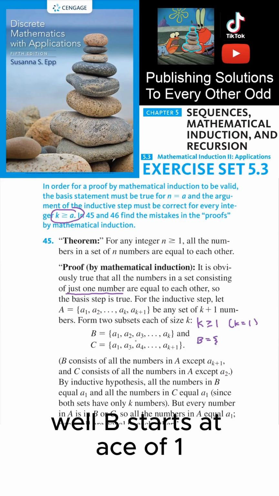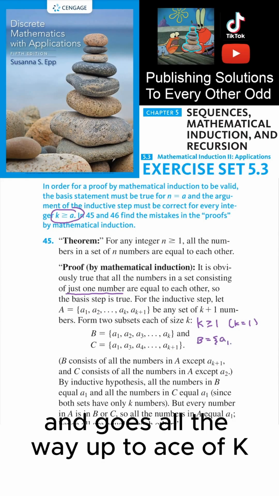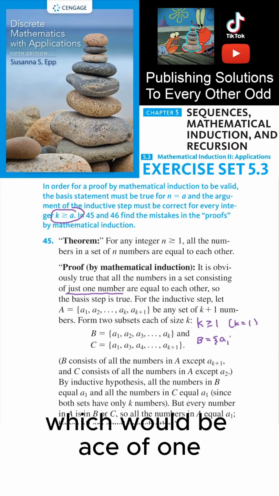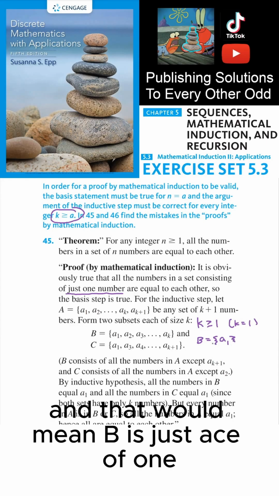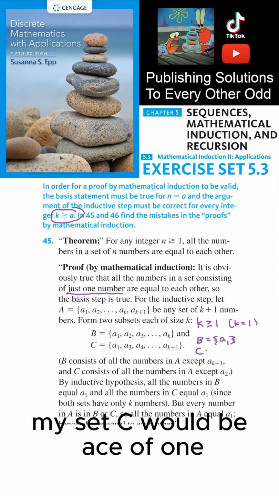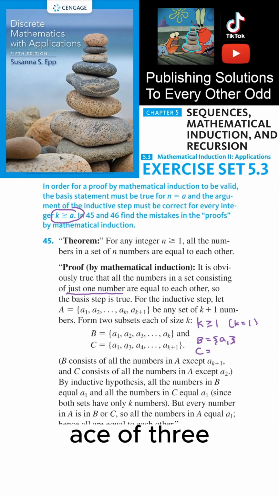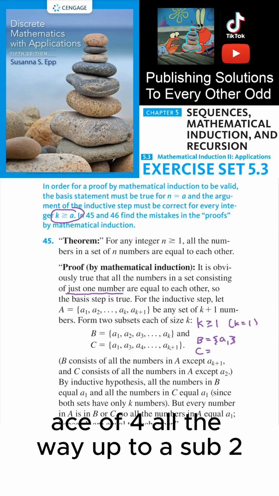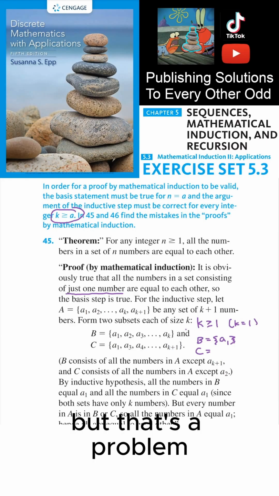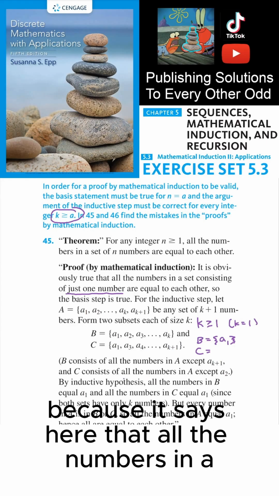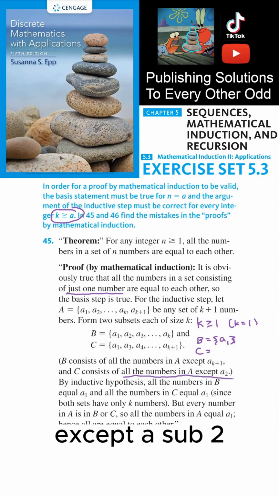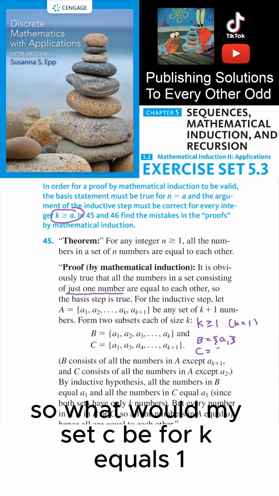Well, B starts at a sub 1 and goes all the way up to a sub k, which would be a sub 1. And that would mean B is just a sub 1. My set C would be a sub 1, a sub 3, a sub 4, all the way up to a sub 2. But that's a problem because it says here that all the numbers in A except a sub 2. So what would my set C be for k equals 1?